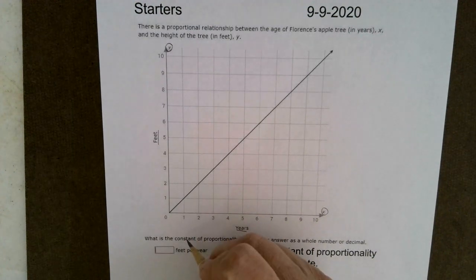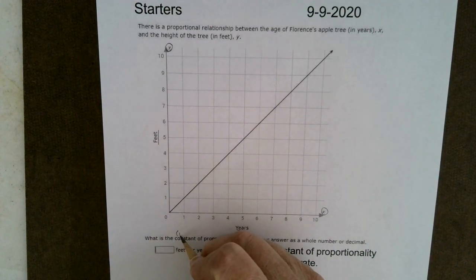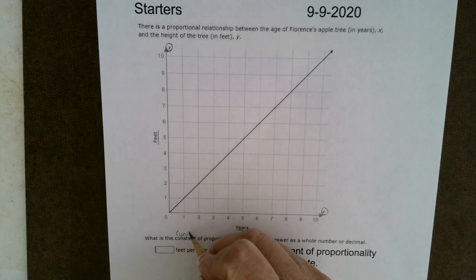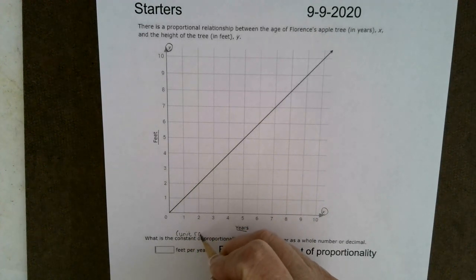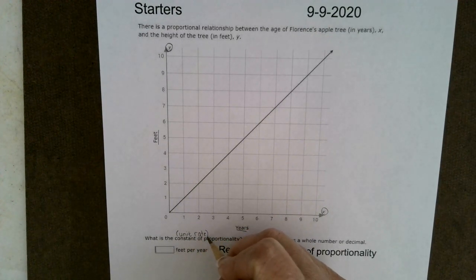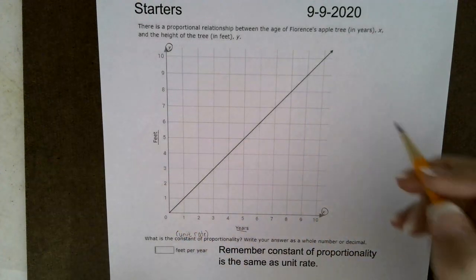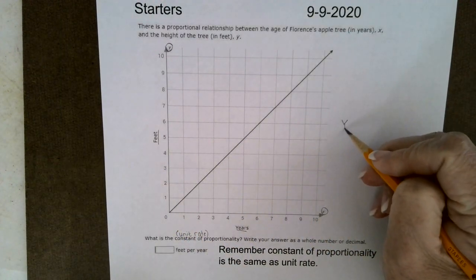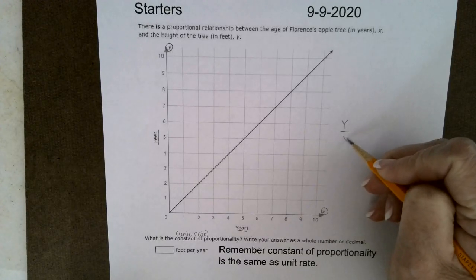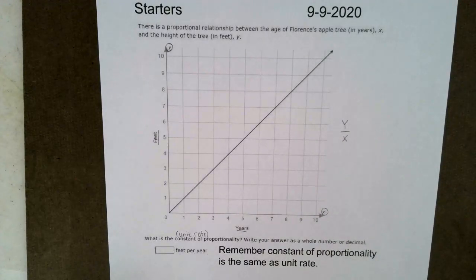So remember that the constant of proportionality is just a unit rate. And in order to find that unit rate, we want feet per year. So we want the number of feet, the Y, over the X. So you can go to any spot.